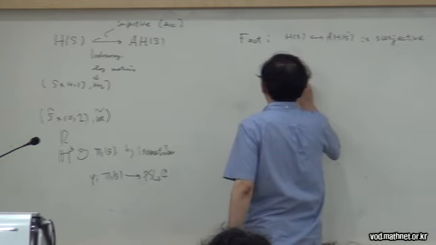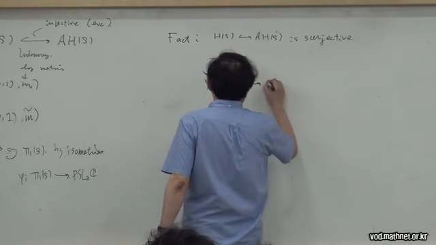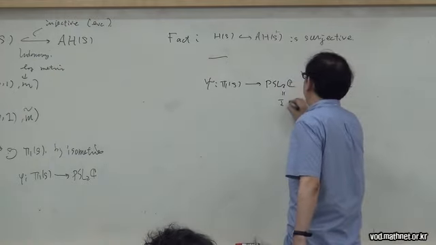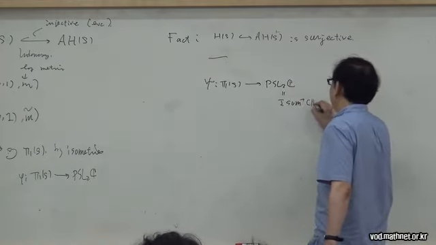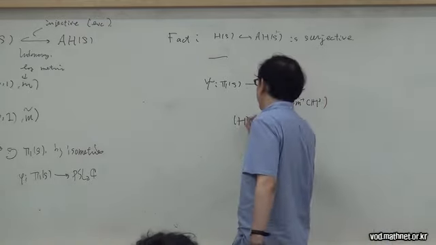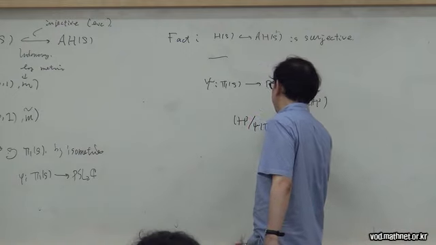faithful discrete representation of pi 1 of S into PSL2C, suppose you have one. Because PSL2C is the group of orientation preserving isometries of H3, you can consider the quotient. Okay?